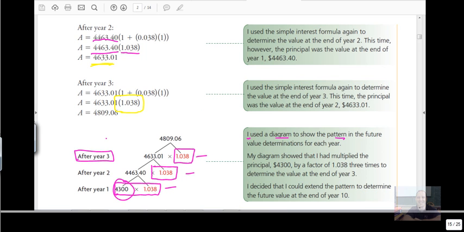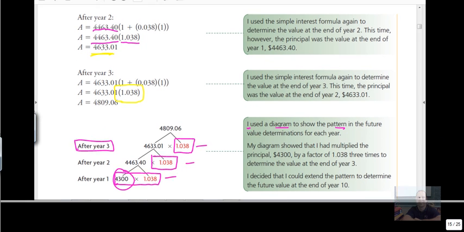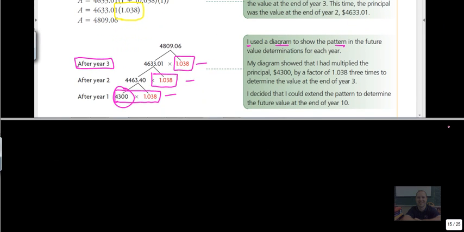So there's a pattern here, and the pattern is what we're going to explore, and that's what's going to become the formula. So how many times is this going to happen? Well, it's a 10-year thing, so we're looking at 10 times that this is going to happen.